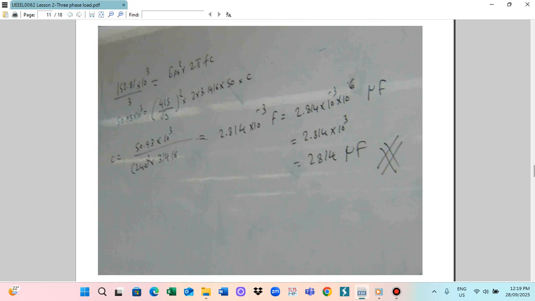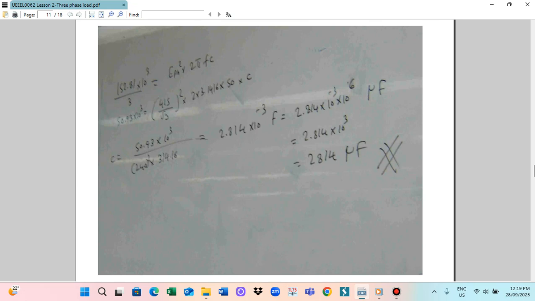Phase voltage is 415 divided by root 3, squared. 2 by 3.1416 and 50 and the capacitance C. Then you can go for the capacitance C. So this is 50.93 into 10 power 3 divided by 240 square and 314.16. Then you got the capacitance.